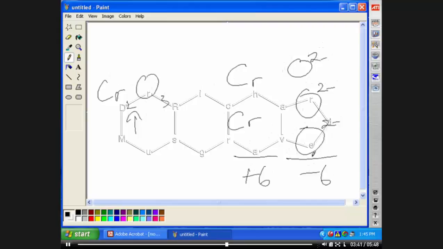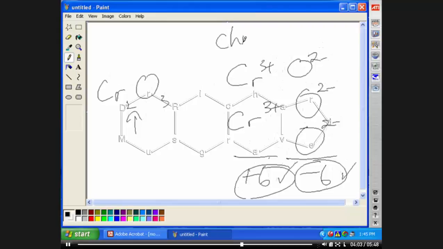Now, what we know is that if that's -6, then this has to be +6 to match, because these have to match, -6 and +6. Now I've got to figure out what charge we need on each chromium to get +6. Okay, so I'm going to have to put a 3 plus here and a 3 plus here. So now we've got a total of +6.